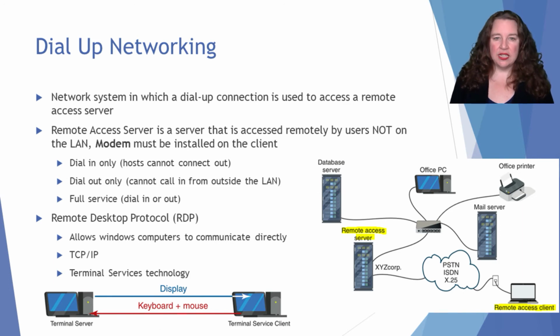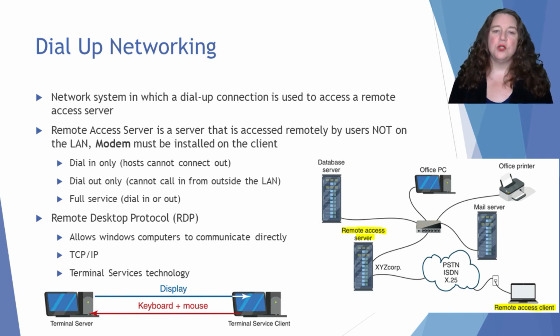The way that we connect to this is through the Remote Desktop Protocol, or RDP. Usually a Windows computer, but anything with RDP software can use a software client to communicate directly to your remote access server. It uses TCP/IP and uses terminal service technologies to be able to do that. So you can imagine that we have our terminal server and we have our terminal client.